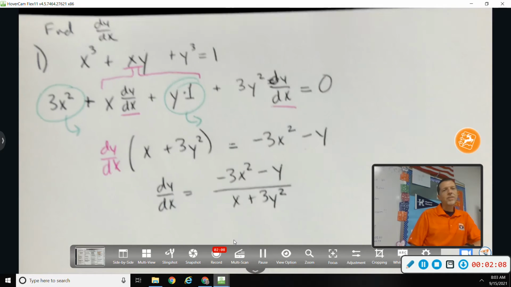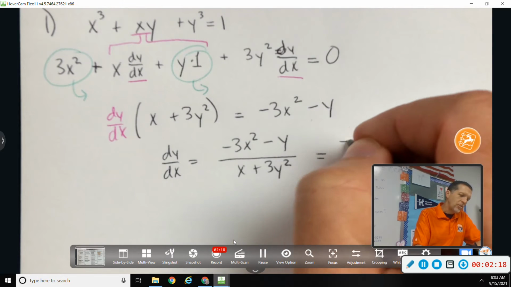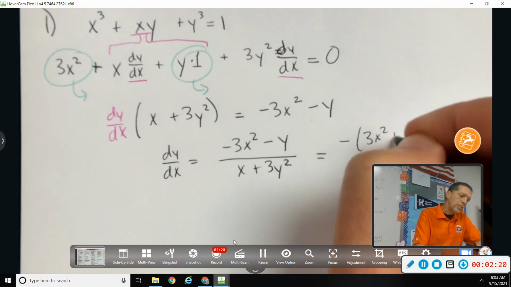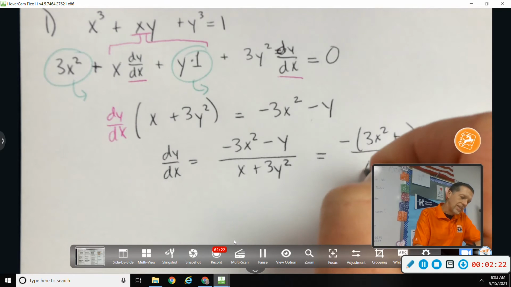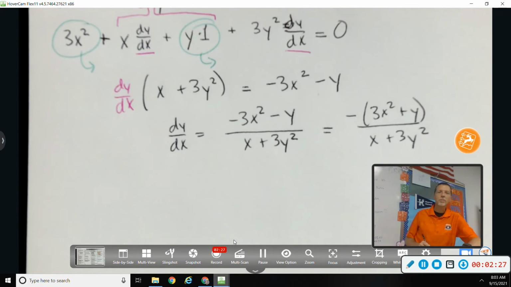And I don't think there's anything you could do to simplify that. I'm stretching here. You could factor out a negative from the top, but that's about it. That didn't really do much for us, but maybe someone would do that.